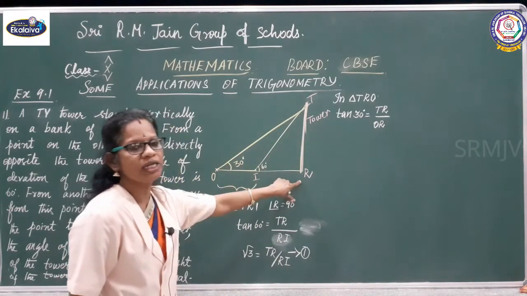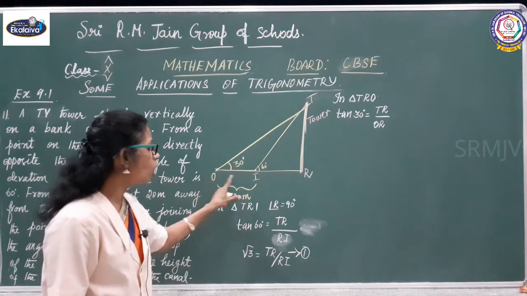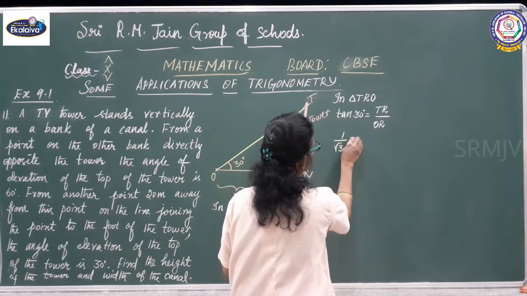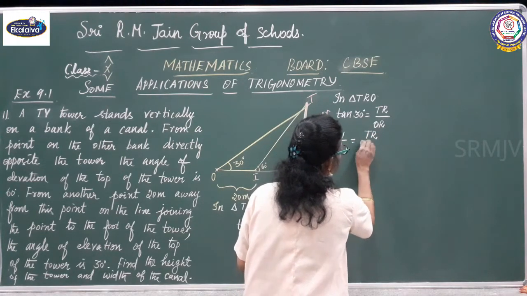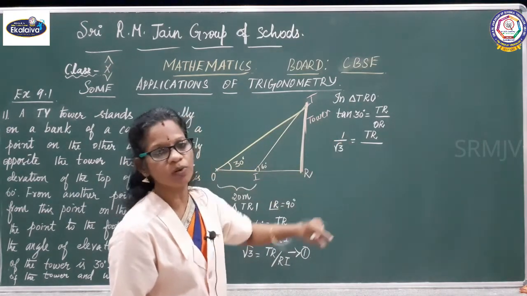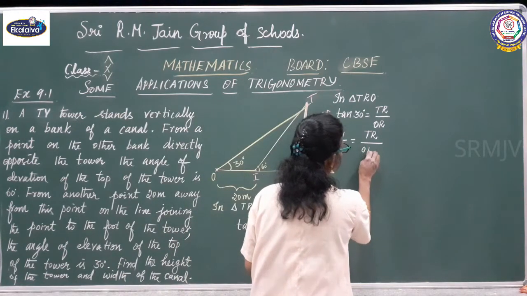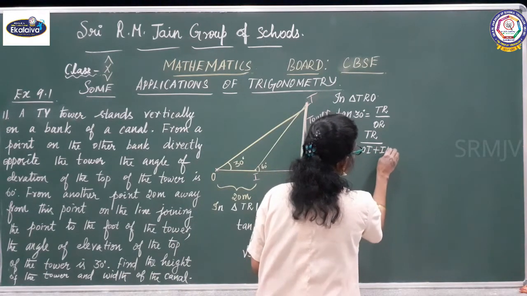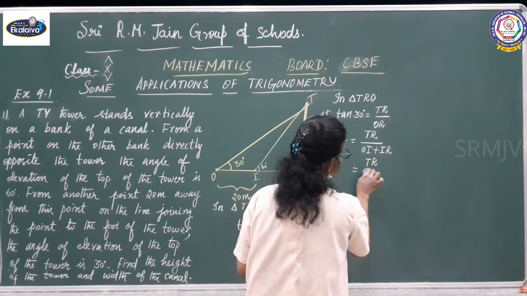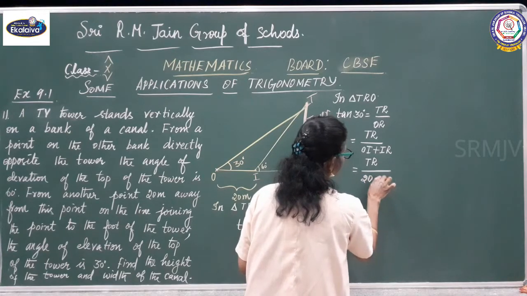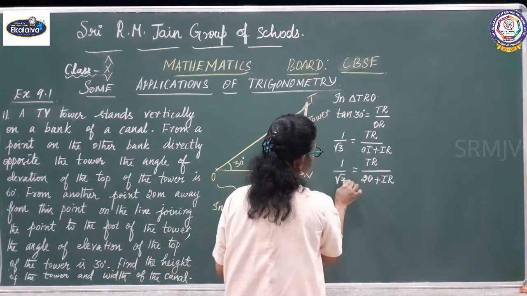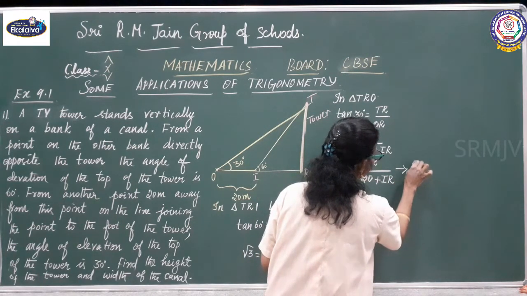OI plus IR. 1 by root 3 equal to TR divided by OI plus IR, that is equal to OR. OI it is given as 20. So, 1 by root 3 equal to TR divided by 20 plus IR, that is equation number 2.